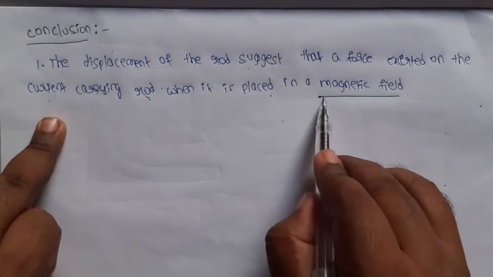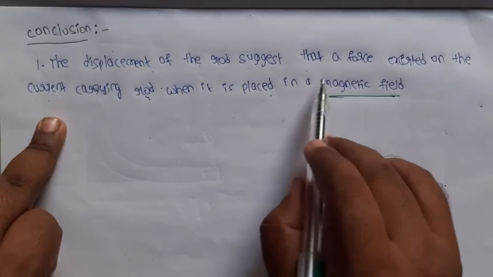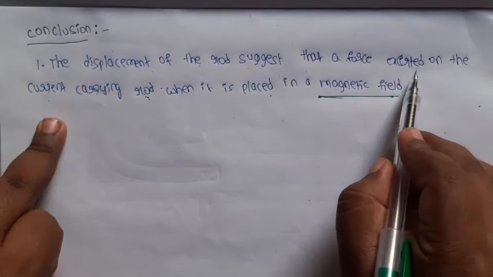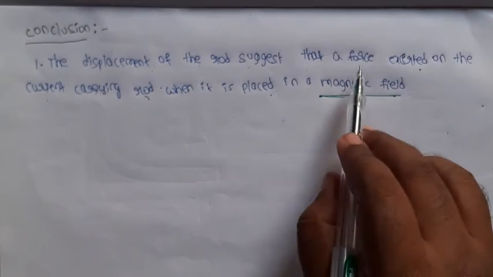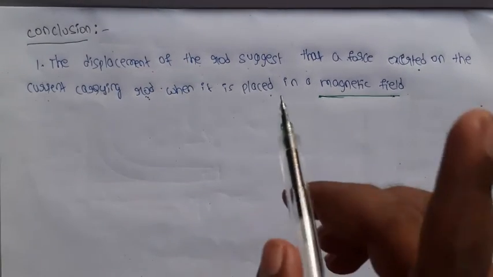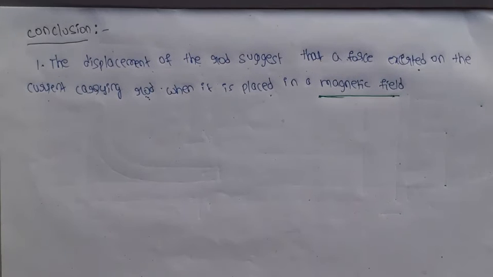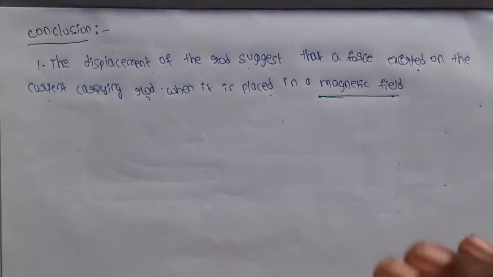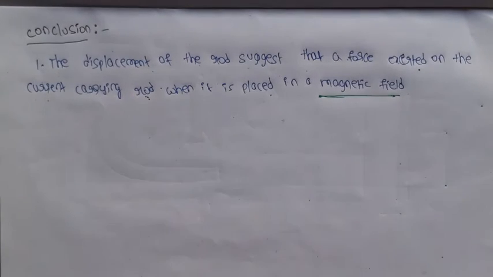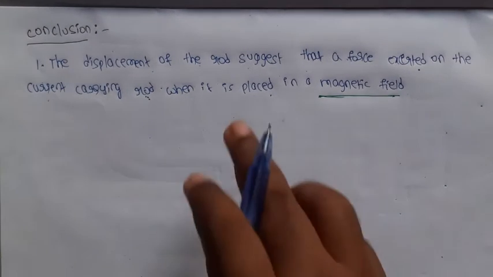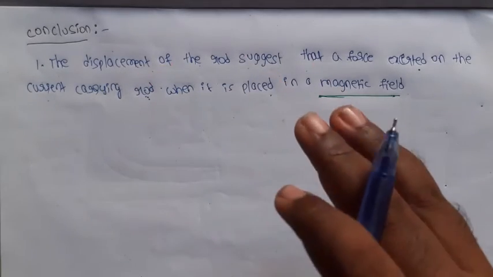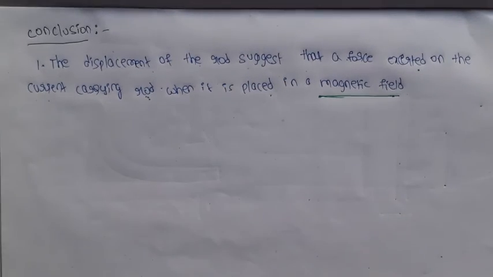That is the first conclusion. If current is not passing through the rod, the rod will not get displaced.